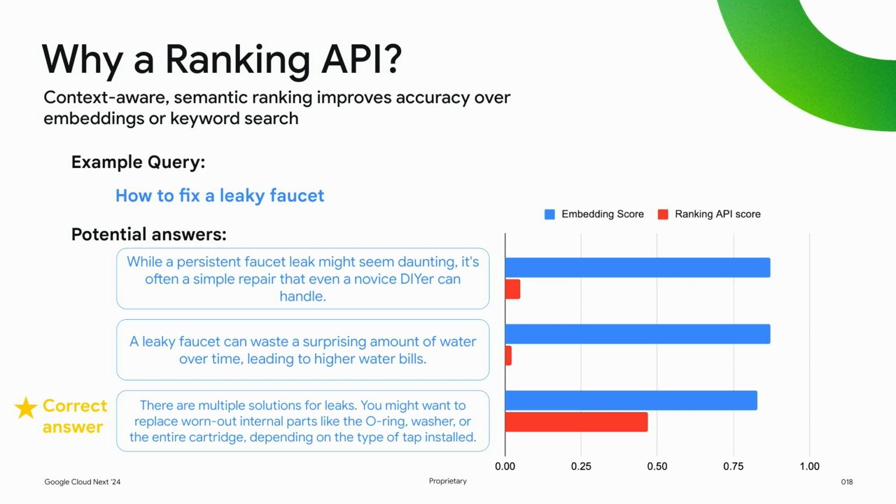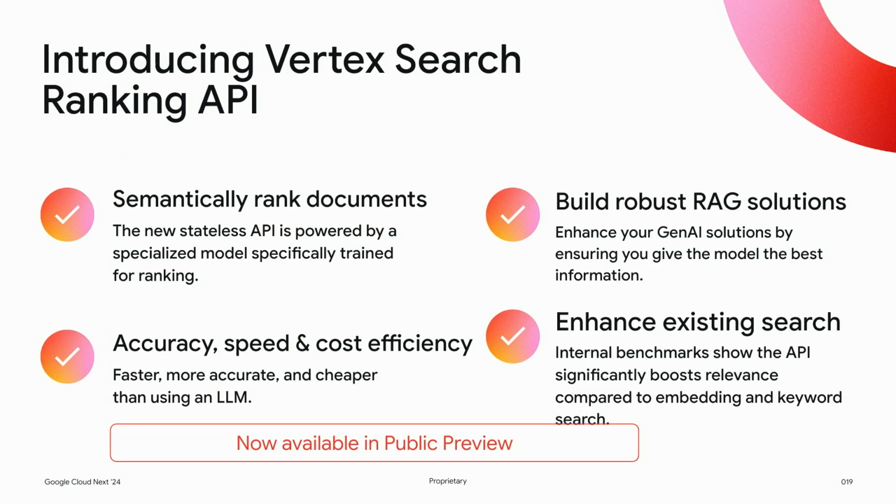In contrast, when you use the ranking API, you see how it nicely discriminates between the different answers and scores high the answer that talks really about the solution to the problem, which is what the query is about. So the new API is available in preview. It's powered by a specialized model built specifically for this task of ranking.